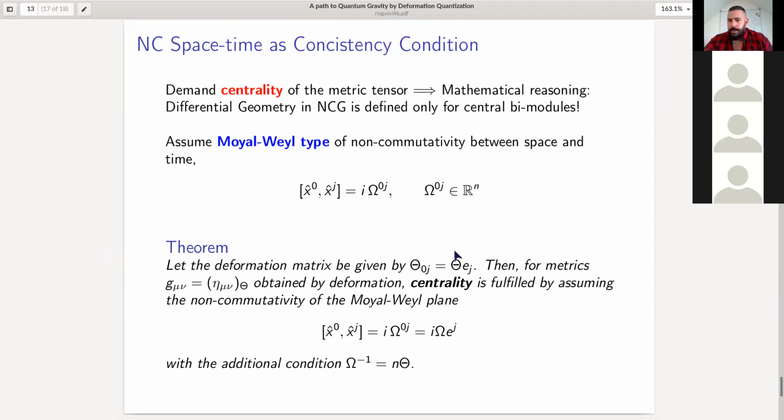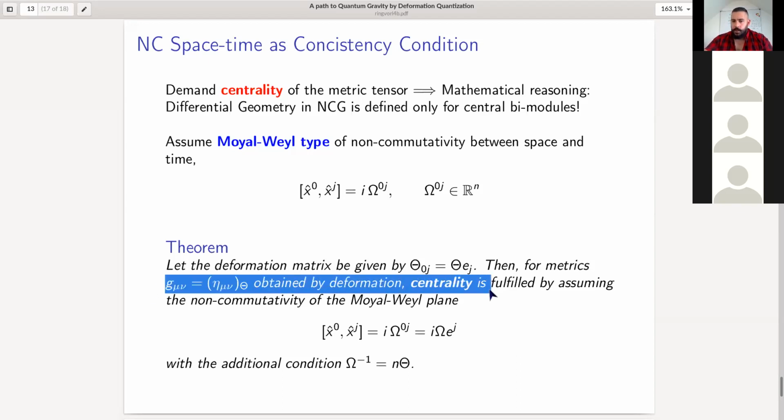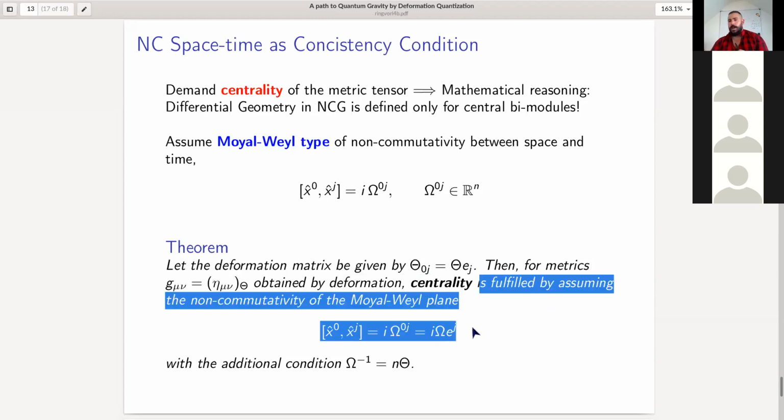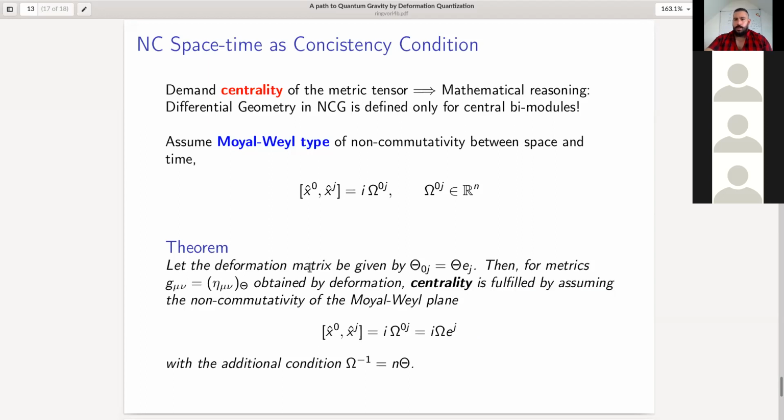Let the deformation matrix be given in a certain way. Then for all metrics that are obtained by deformation, the centrality condition is fulfilled by assuming the non-commutativity given by the Moyal plane. So in a sense, I obtained the Moyal plane as a constraint, as a solution to my deformed setting.